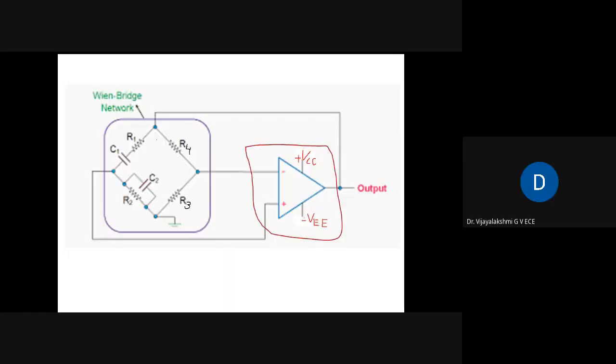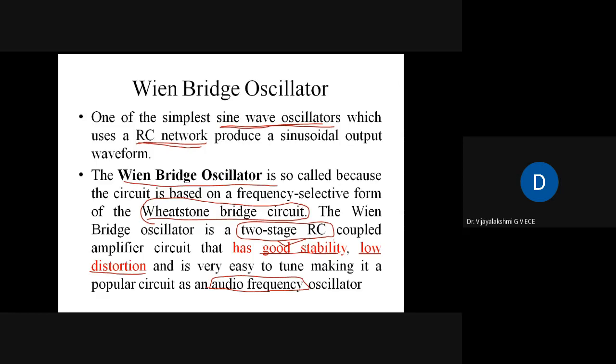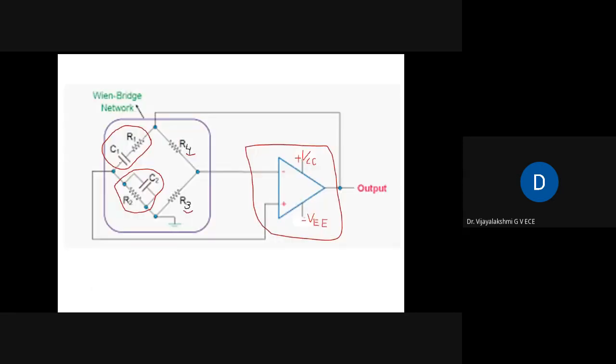It has 4 arms. In this arm, you can see a combination of R and C in series, and this arm has R and C in parallel, this arm has only RF, and here it has only R3. That's why I told you the Wien-Bridge oscillator has two stages of RC components. This is one stage and this is one stage.